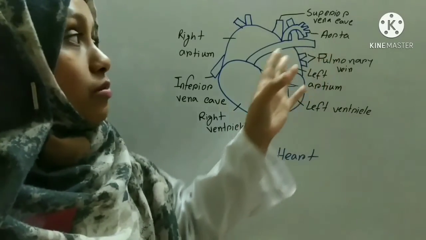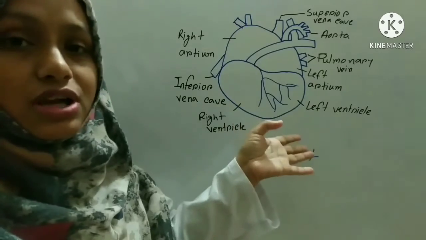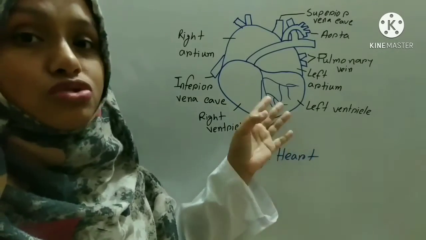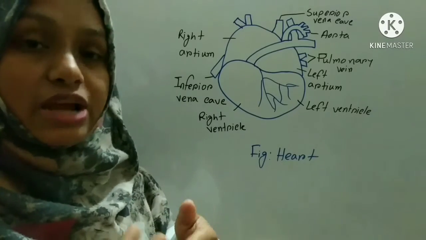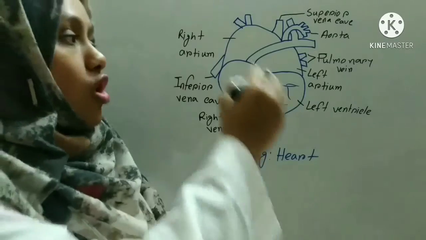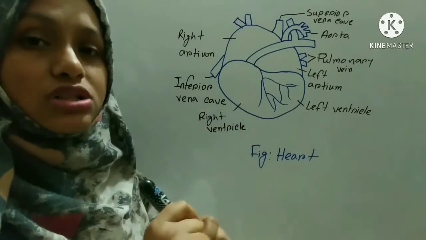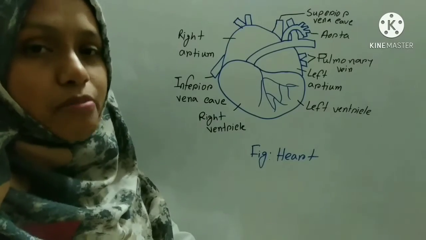And not only draw the figure, but also you have to label the figure. If you do not know which part is called by what name, then you can't describe. So draw the figure and label the parts. Then you can easily describe it for the C number question.